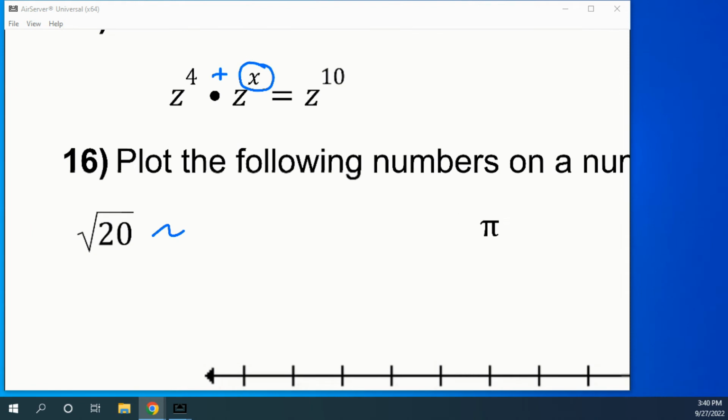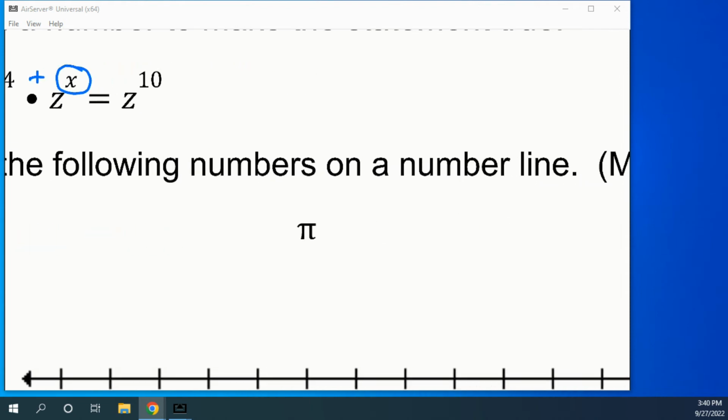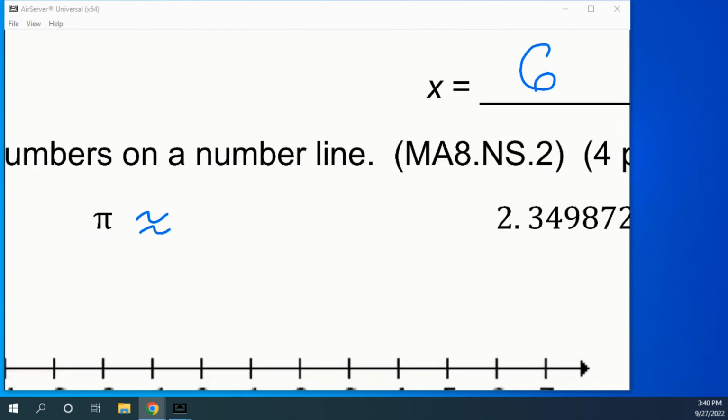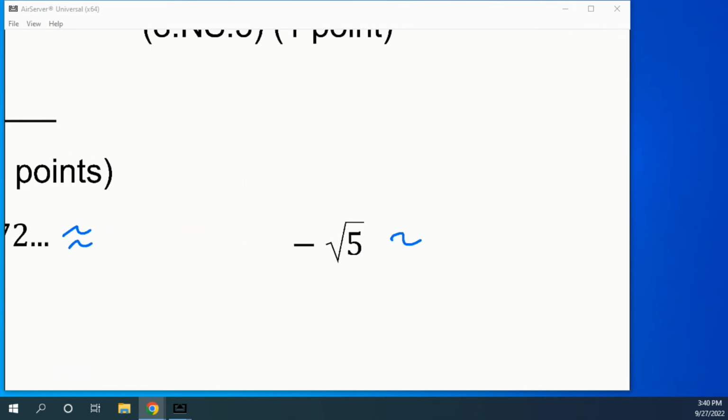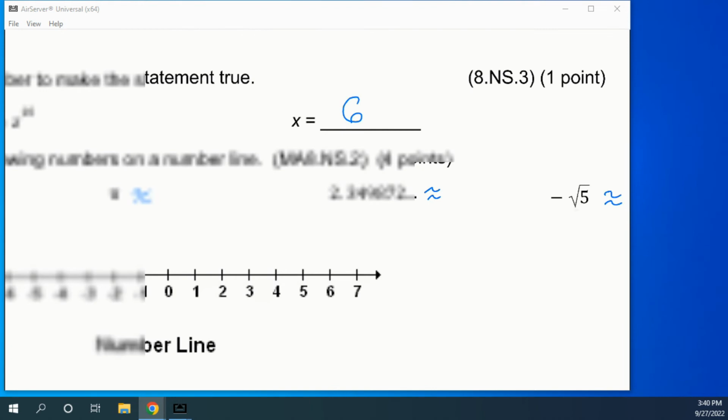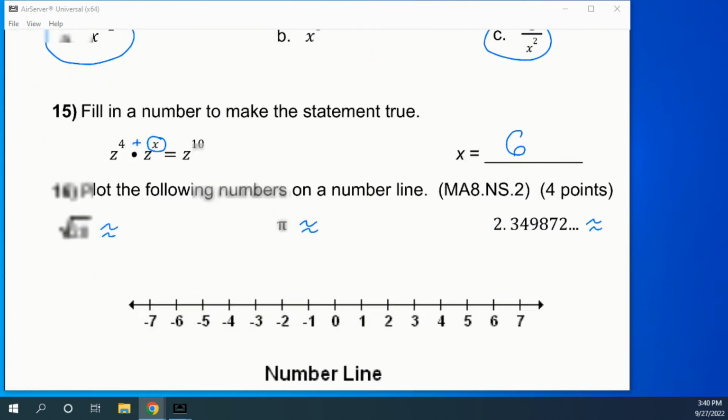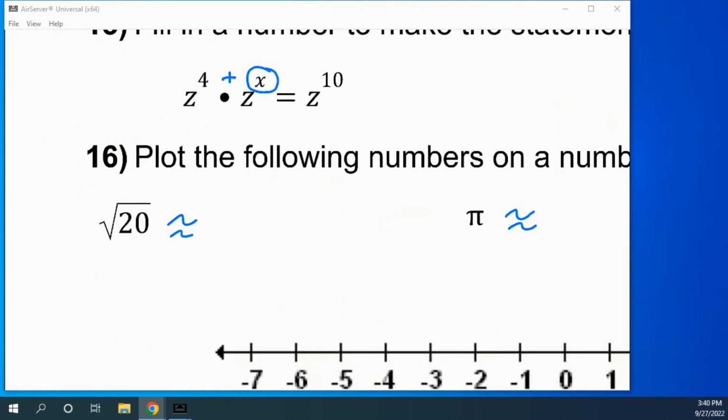I'm going to approximate these a little bit because I think that's going to help me plot these on this number line. So let me give the about sign right there. And so square root of 20, if you want, you can put that into a calculator, but it does fall between two perfect squares, 25 and 16. My calculator says this is about 4.47.